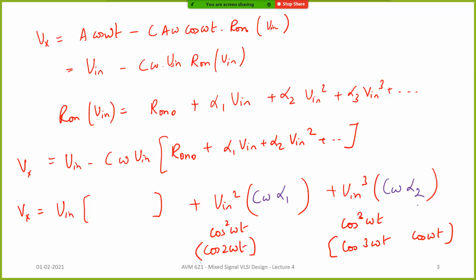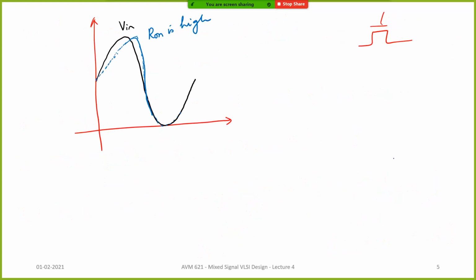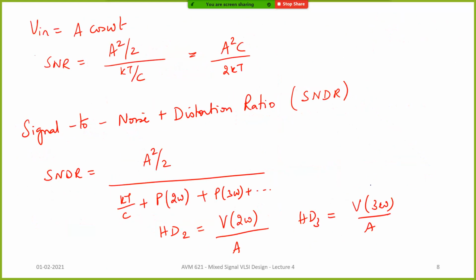What you can see here is, as you increase this capacitor, what happens to the strength of these terms? It will also increase, right? But if you go to this slide, what happens to SNR? SNR will increase as you increase CH, basically your SNR improves, correct?